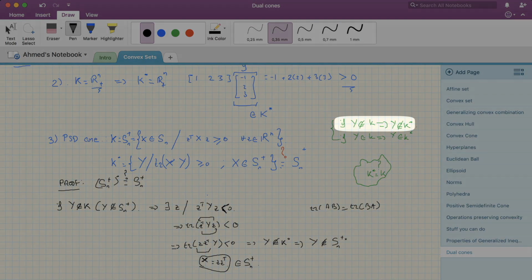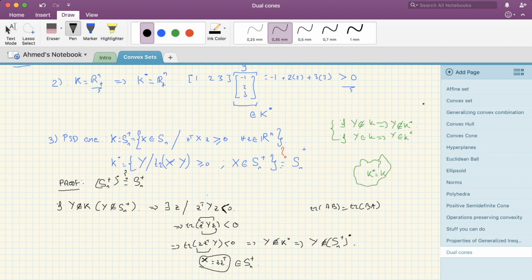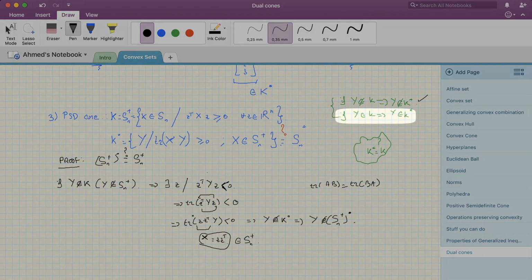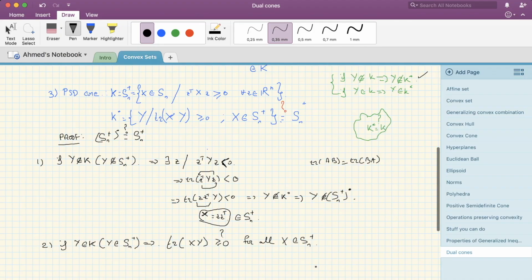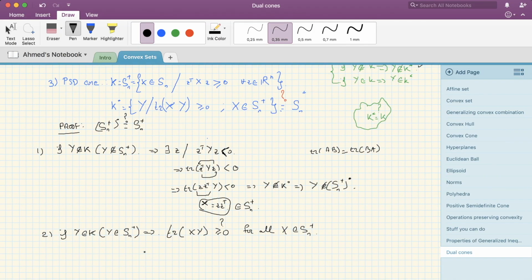1 is done. Now 2, we have to prove the complement, which is if we pick our y in k, i.e. if we pick our y in Sn plus, it has to fall in Sn plus star. So we have to prove that trace xy is positive for all x's in Sn plus, right? And how do we do that? Given that y is in Sn plus, let's write it down.